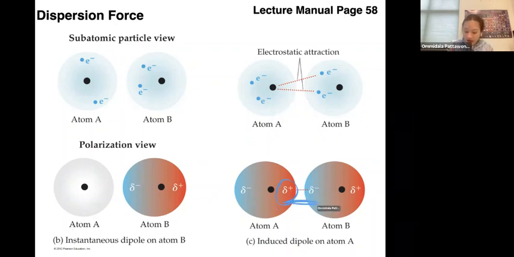This is why it's called induced dipole, because atom B induces the dipole moment in atom A. Again, this happens only at an instantaneous moment.